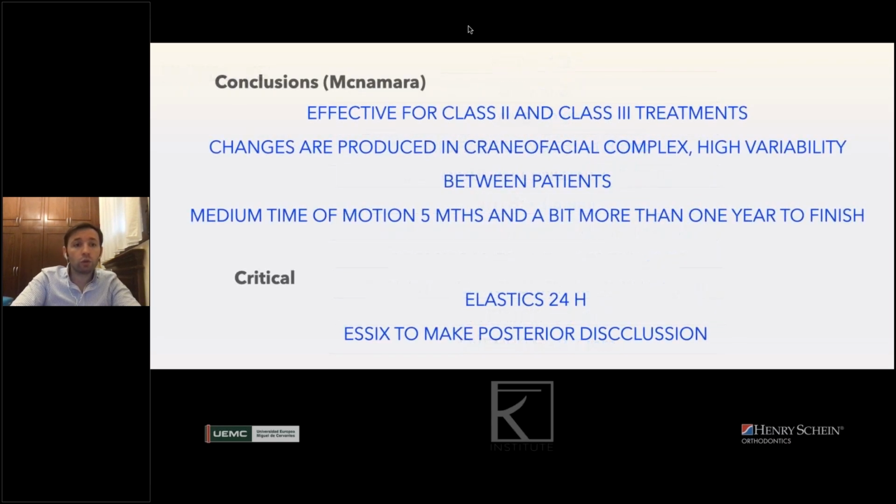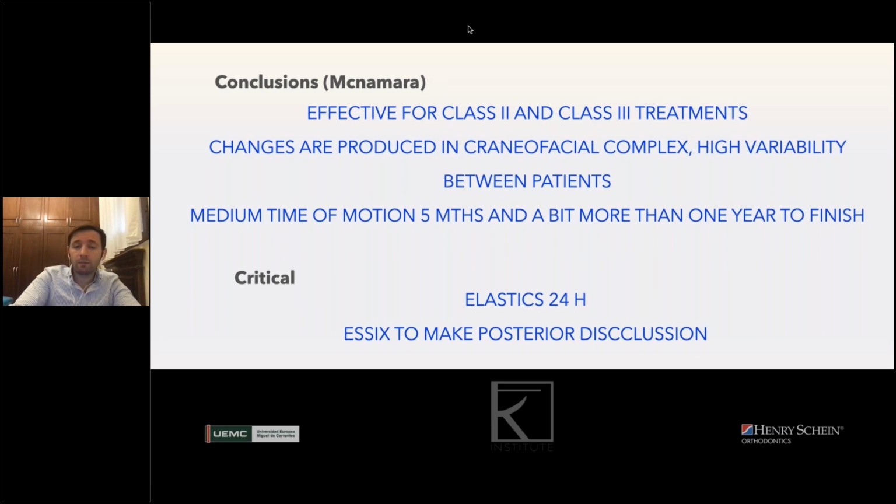So Dr. McNamara concluded that Carrier Motion class 2 and Carrier Motion for class 3 is effective. He concludes as well that changes are produced in the craniofacial complex with high variability between patients, and that the median time of motion is 5 months. So we have to take into account something which is critical.